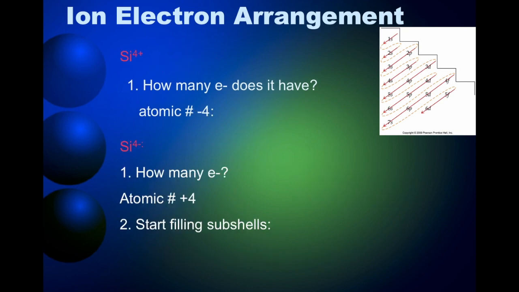All right, and now we'll just do one more example with silicon, which is a metalloid, which means that it can gain or lose electrons. So first of all, the atomic number of silicon is 14, and it can gain or lose 4 electrons. So if it loses 4 electrons, it's going to have 10 electrons total.